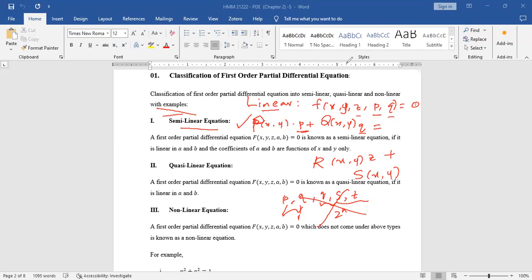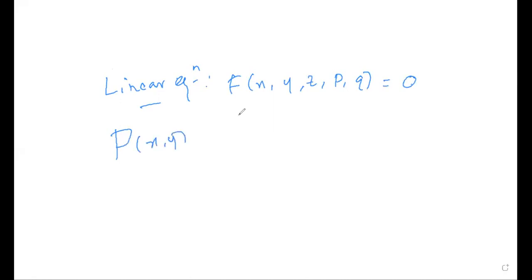Okay, give me a second. What they are saying is that a linear equation will be in the form of f of x, y, z, p, q is equal to 0. So actually it will look like this: some function of x comma y, because these two are our independent variables. For example, this one will be x square plus y square, something like that, a function of x.